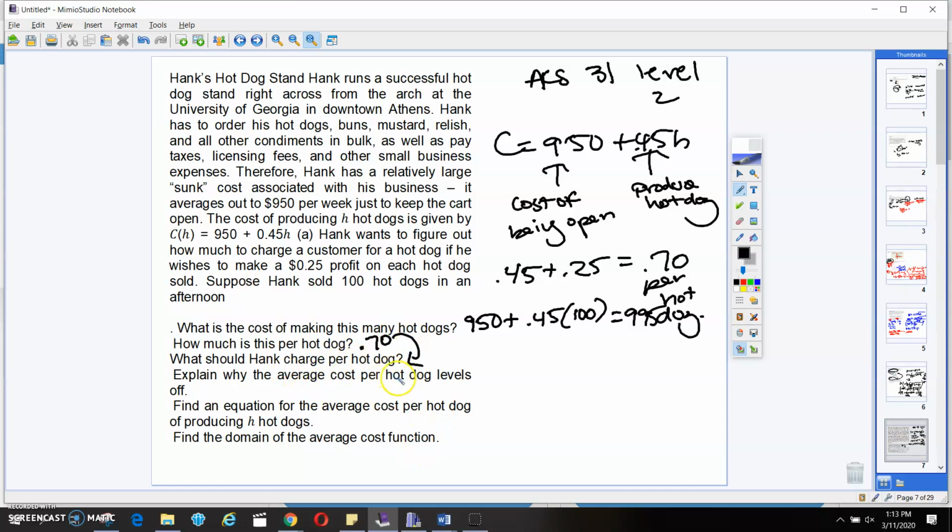Explain why the average cost per hot dog levels off. At one point, it will level off because he's got to make a profit, right? But he can't overcharge these people, otherwise he won't make any money, right? Okay? We're going to find an equation for the average cost per hot dog of producing H hot dogs.